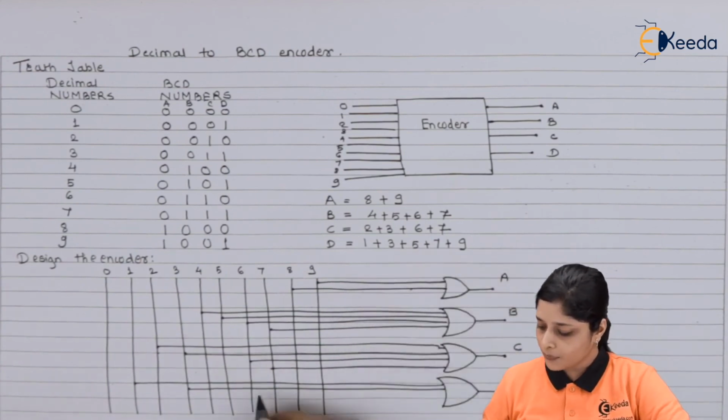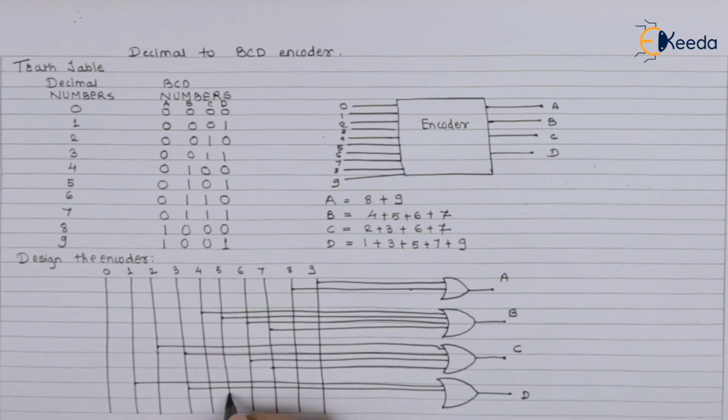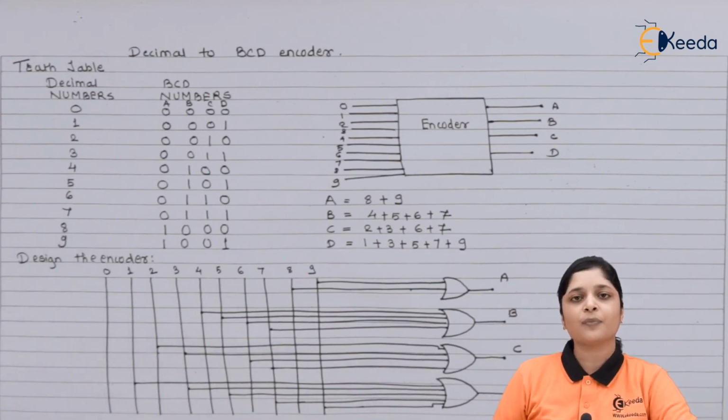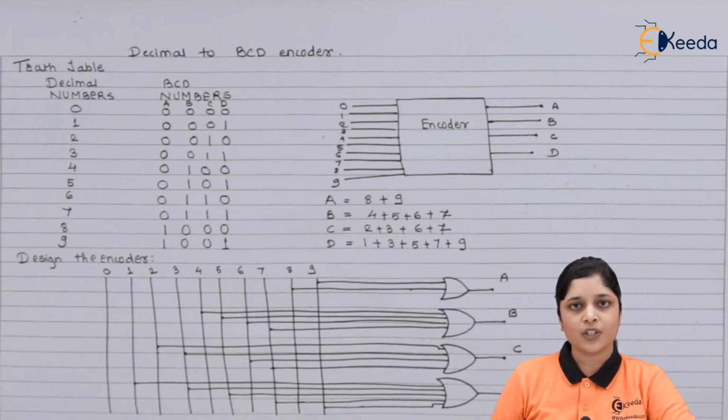After that you have 5. So we will focus on 5. Then for 7. And lastly for 9. In this way you have to make connections for each output A, B, C and D. You have to write down the equations respectively and you have to realize the diagram.